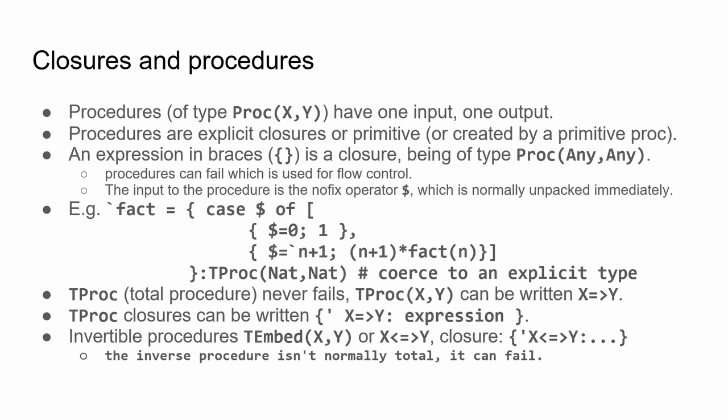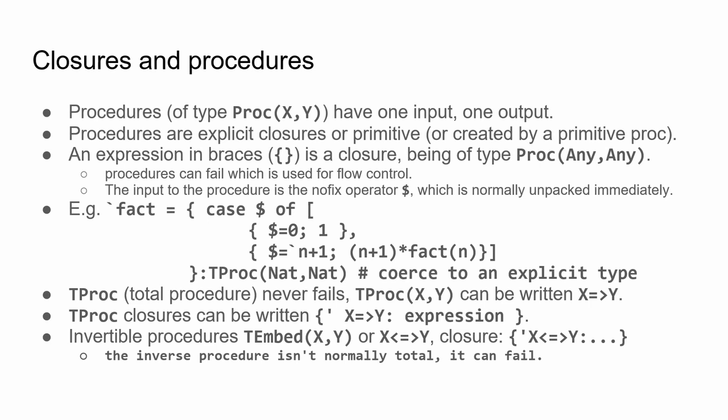and we specify the input and the output, and then we have an expression which is just the same. Invertible procedures are very important as well, and they have their own subtype, which is t embed x comma y, and their own way of being written.